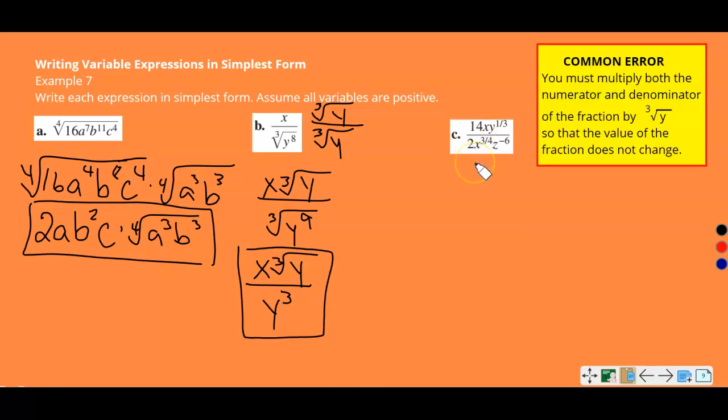All right, so for C part, we have a lot going on here. We've got numbers and variables, so let's just look at one part at a time. So we've got 14 divided by 2, so we know that divides into 7. And then we have an x to the first power over an x to the 3/4 power. All right, so remember when we have the same base, when we have a quotient, we subtract from top to bottom.